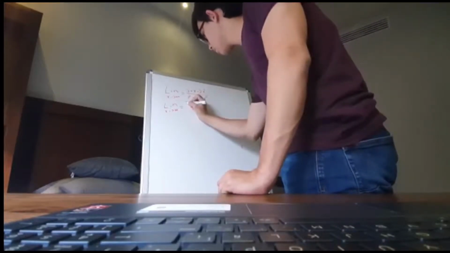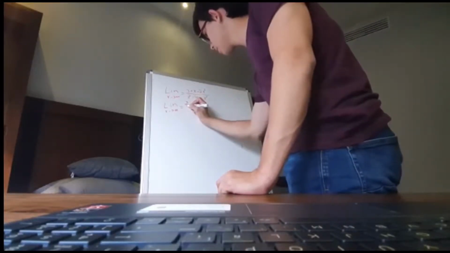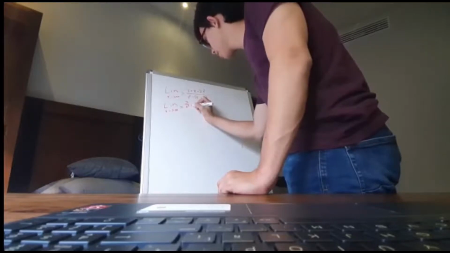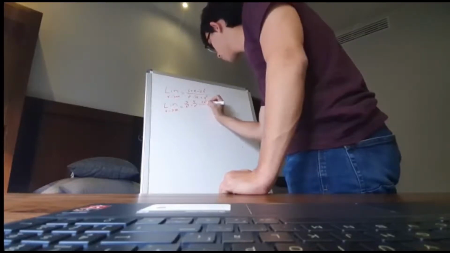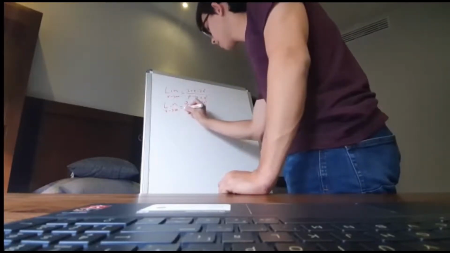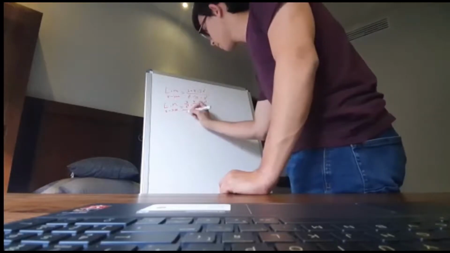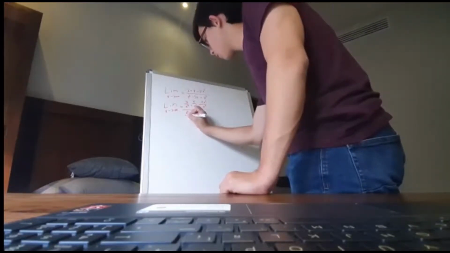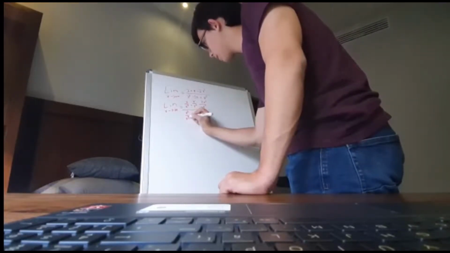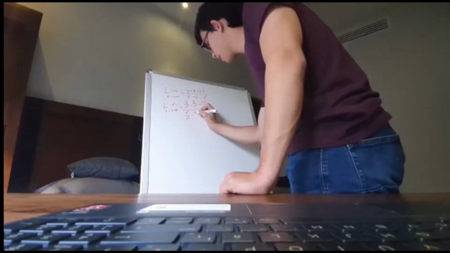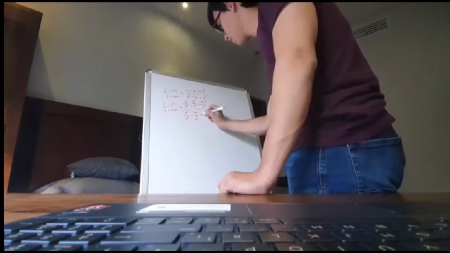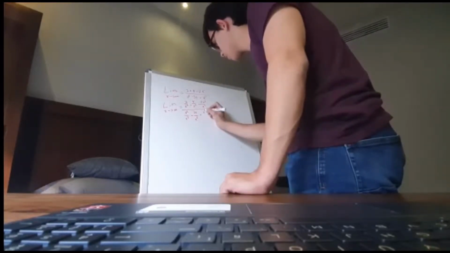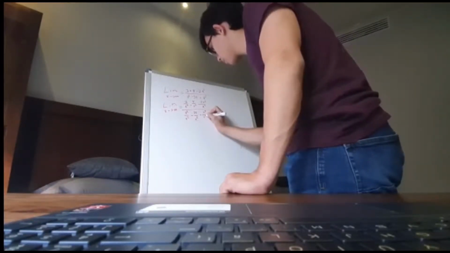So we proceed: 3 over x cubed plus x over x to the third power minus 2x to the third power over x to the third power, all divided by x squared over x to the third power minus 5x over x to the third power, and the same with the last one, x to the third power over x to the third power.